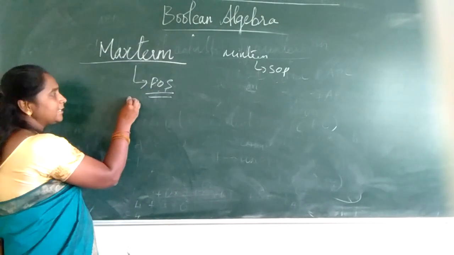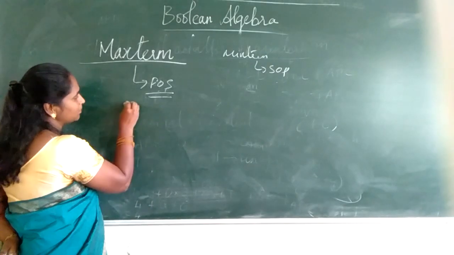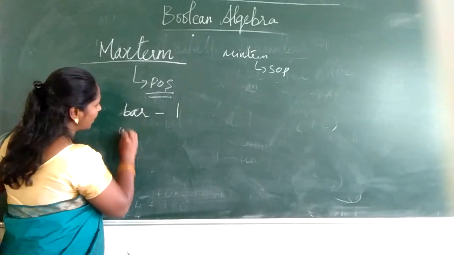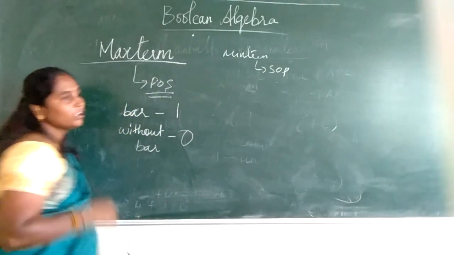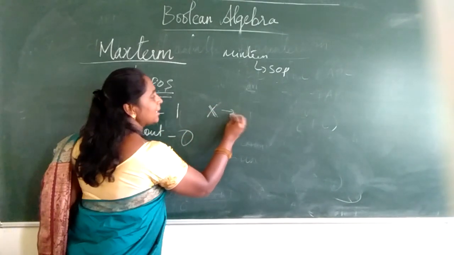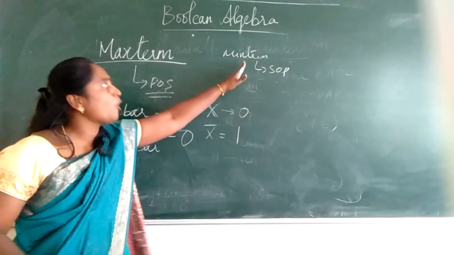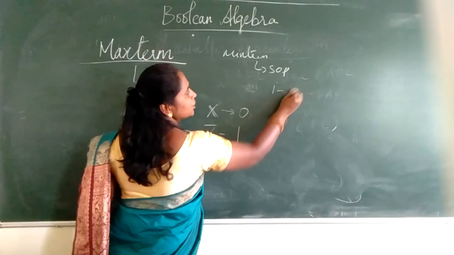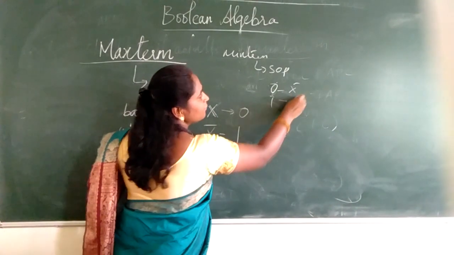In the max term, the representation is just the opposite of the min-term. A variable with a bar is represented by 1, and without a bar it is represented by 0. If the literal is x, it is represented as 0; with x bar, it is 1. In the min-term we studied, bar means 0 and without bar means 1.